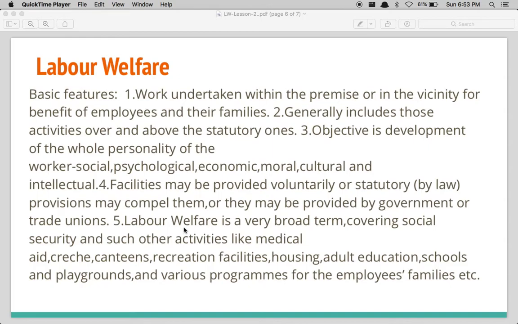Number five, labor welfare is a very broad term covering social security and such other activities as medical aid, creche, canteen, recreation, housing, adult education, arrangement for the transport of labor to and from the workplaces, and various programs for the employees' families.